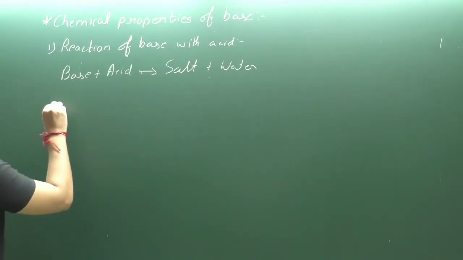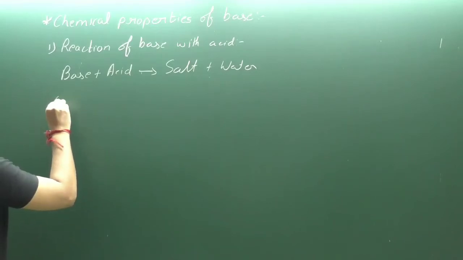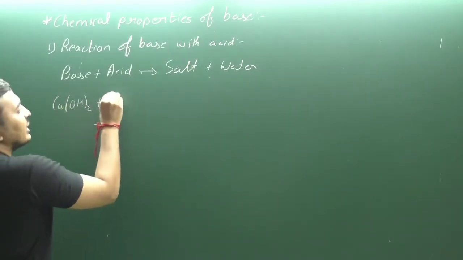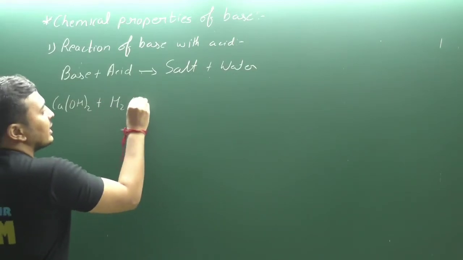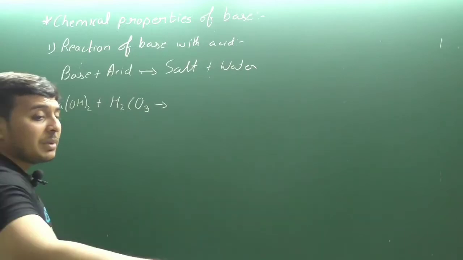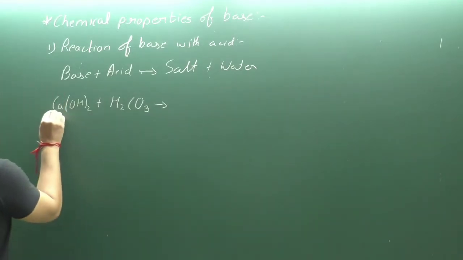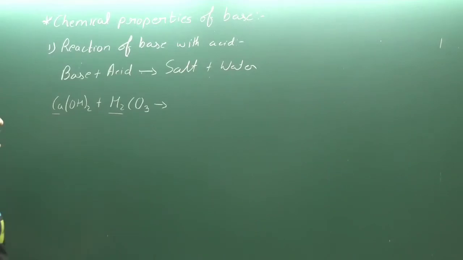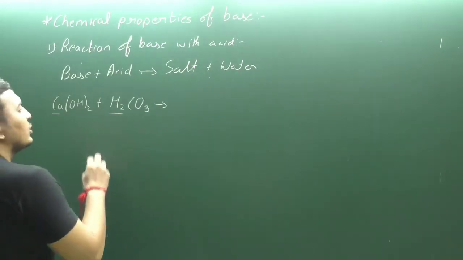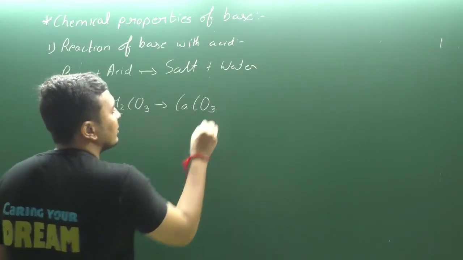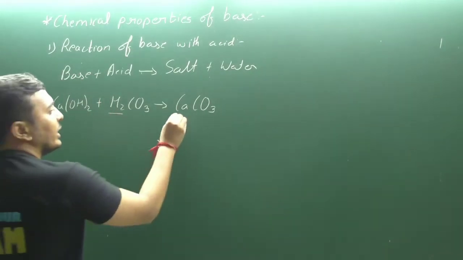For example, we have a base, that is Ca(OH)2, and here we have an acid, suppose that is H2CO3. So, when acid reacts with base, this calcium takes the place of hydrogen and forms CaCO3, calcium carbonate.